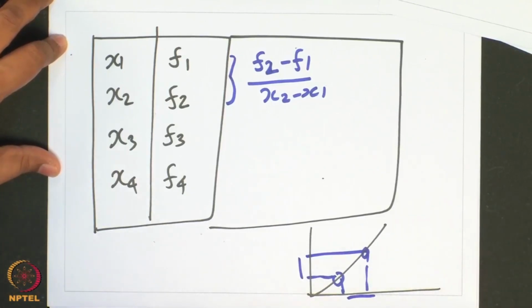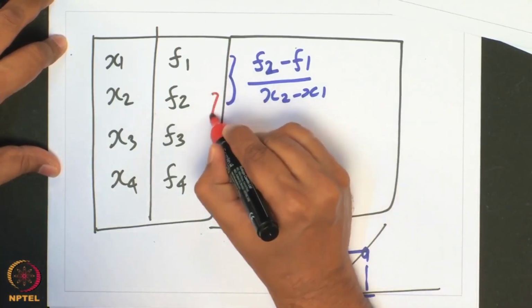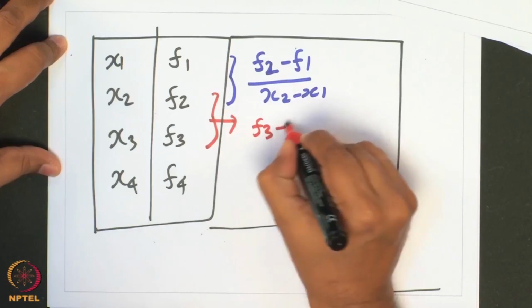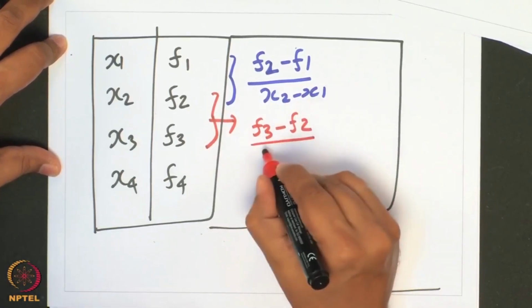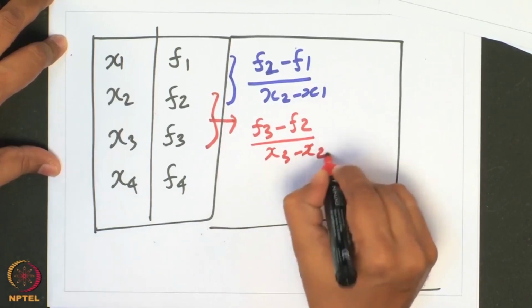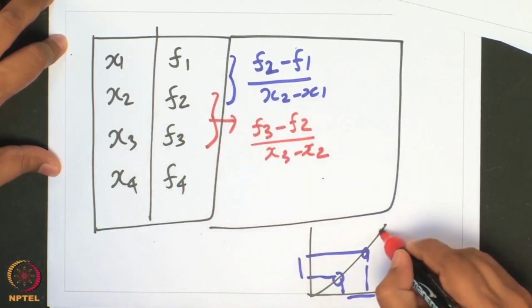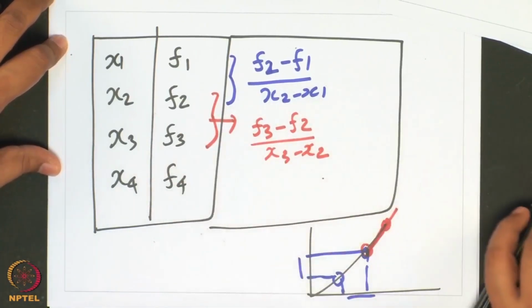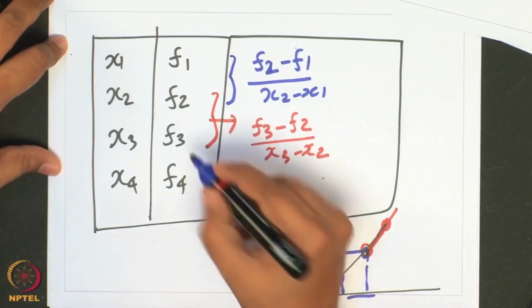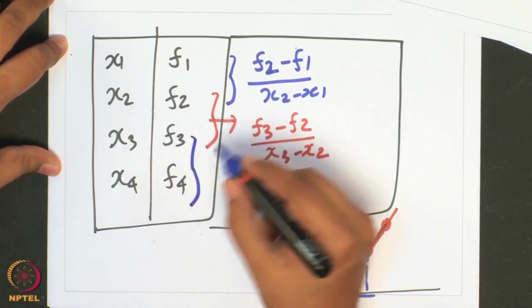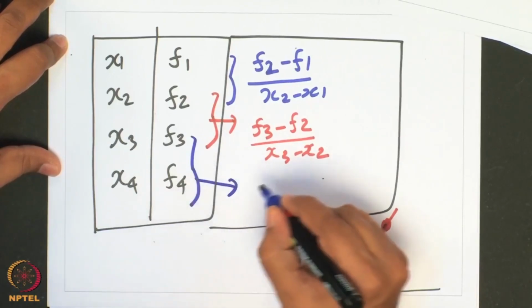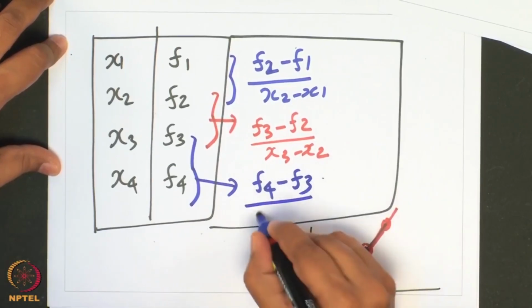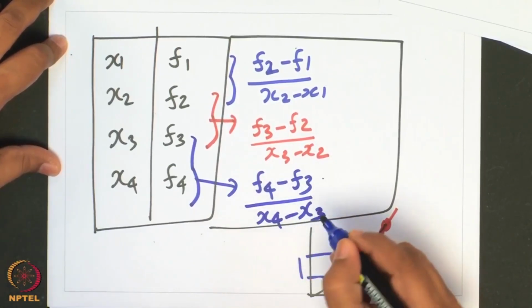Similarly, I can calculate the slope between these two: f3 minus f2 divided by x3 minus x2. This is the slope between the next 2 points. And similarly, I can find the slope between f3 and f4: f4 minus f3 divided by x4 minus x3.